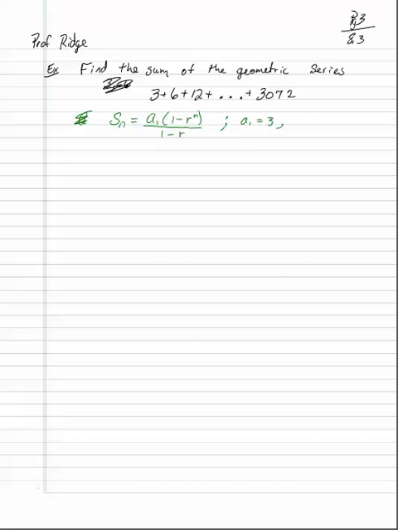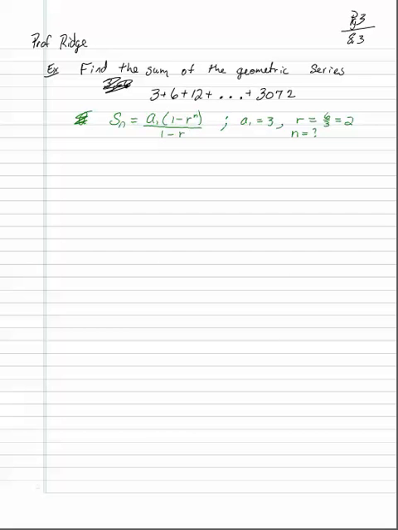We can figure out that R is 6 divided by 3, which is 2. So this is that sequence we did earlier. And now I want to do the sum. And then what's n? So we need to figure out n first. So we're going to put that formula on the side burner here.